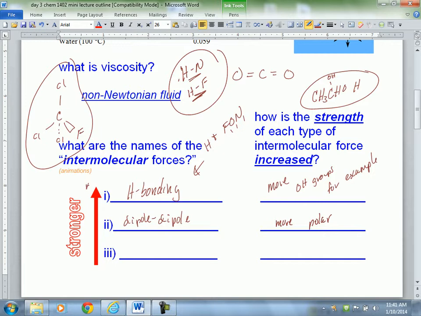The last intermolecular force is London dispersion, or you can call them van der Waals. How can you increase this London dispersion force, the weakest one of the bunch? It's a hard question.